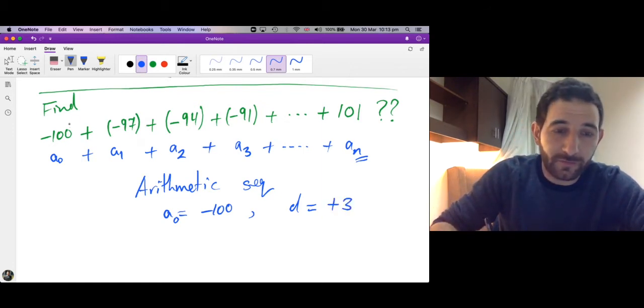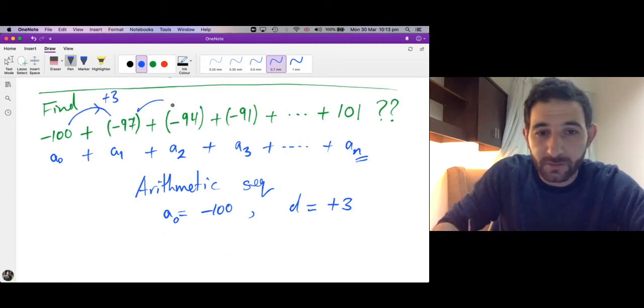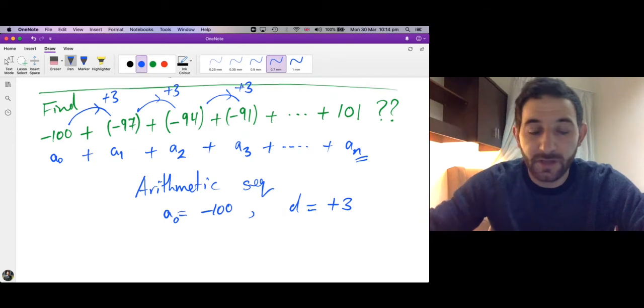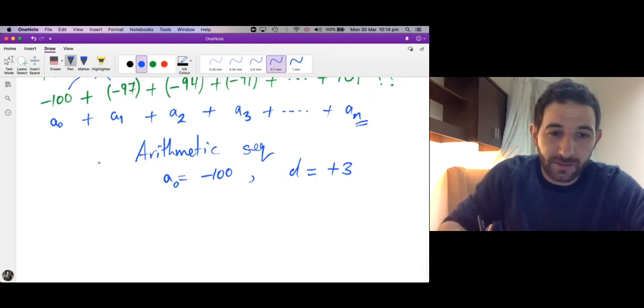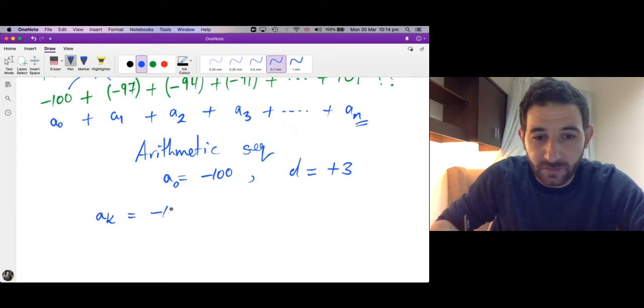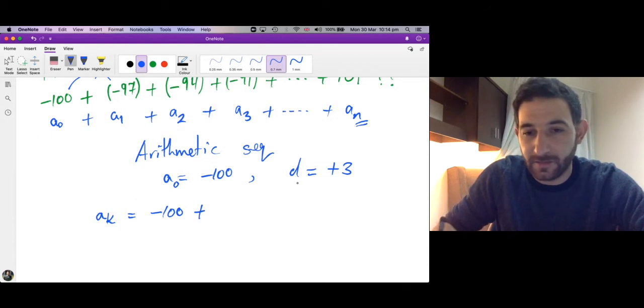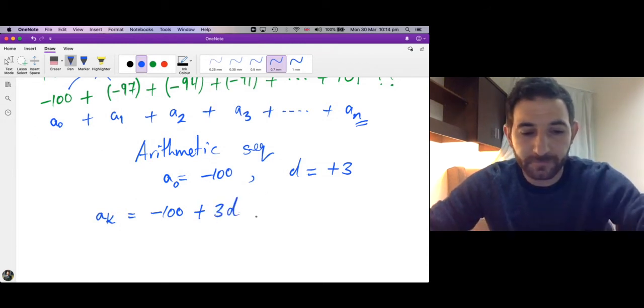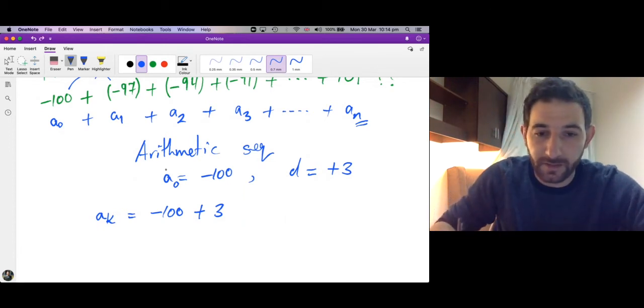Look, how do we move from this term to this term? By adding plus 3. And from here to here, we also add plus 3. We keep adding plus 3 to get the new term. And we know the formula: ak, the kth term, is a0, which is minus 100, plus kd, so 3k, where d is 3.